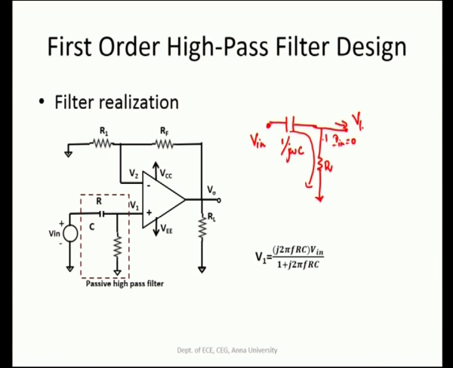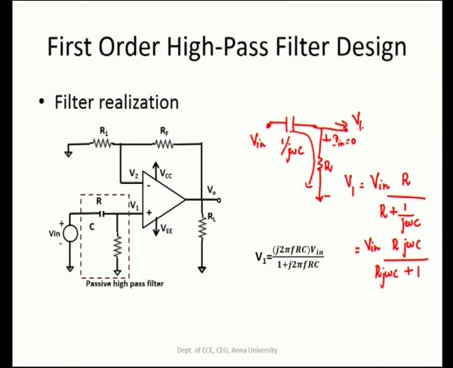Therefore, the voltage across R, that is V 1 here, is expressed as V in into R divided by R plus 1 by j omega c. This can be written as V in R j omega c divided by R j omega c plus 1.